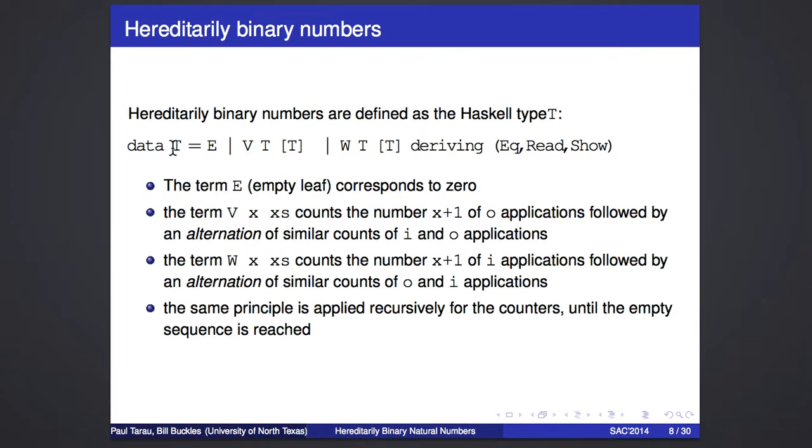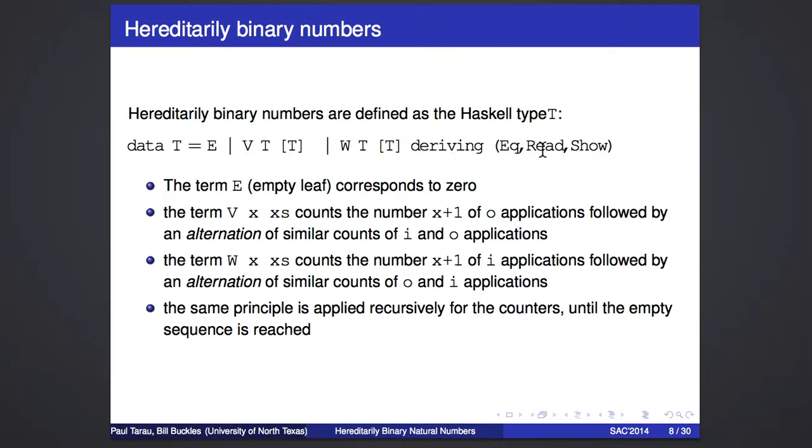An object of the data type T is either the empty object, or it is the V constructor followed by one object of type T, and then a list of objects of type T. This notation means at least one branch for this type of tree, and the same applies for W, the constructor W: at least one application, one T object, and then a list of T objects.